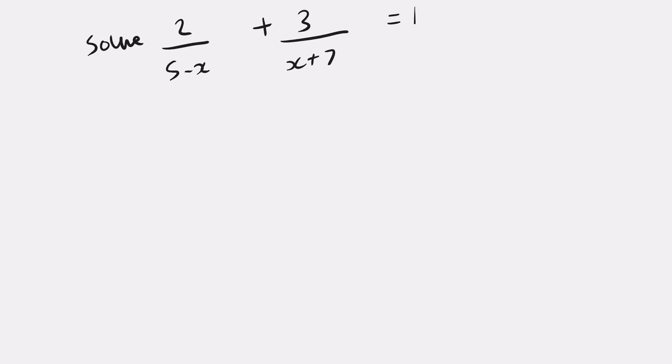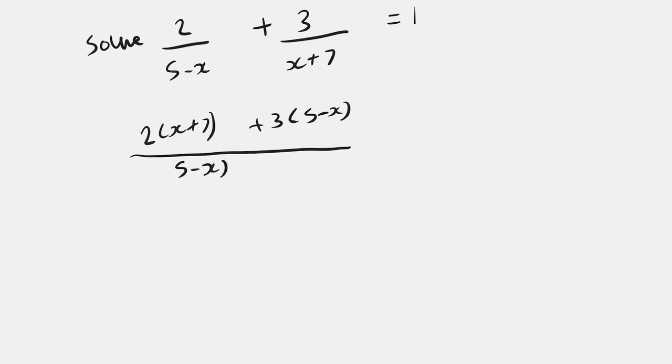So what we need to do in questions like these is try to get rid of the denominator. So how can we do that? We can multiply the top and bottom of the left by x plus 7 and the top and bottom of the right by 5 minus x. And this way we can have a common denominator in both. So how would that look? 2 times x plus 7, plus 3 times 5 minus x, all divided by 5 minus x, x plus 7, equals 1.